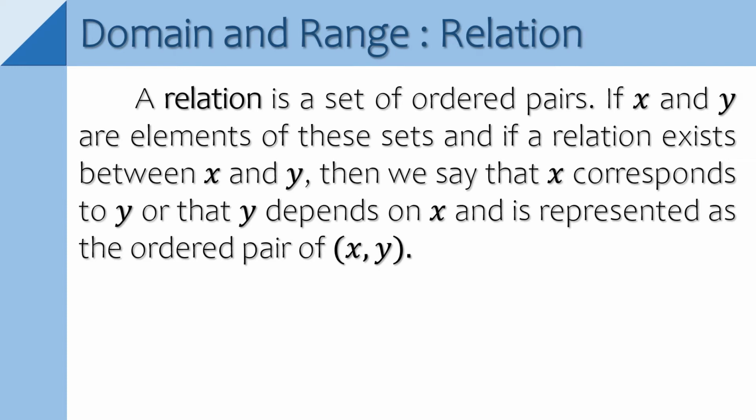So a relation in mathematics is a set of ordered pairs composed of x and y. When x and y are related, we can say that x corresponds to y and y depends on x. So we can say that the independent variable is x and the dependent variable is y, because y depends on x.